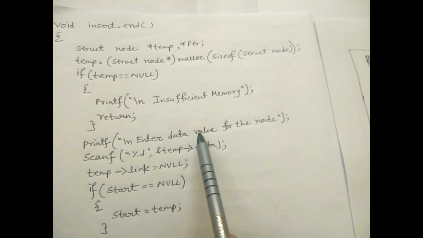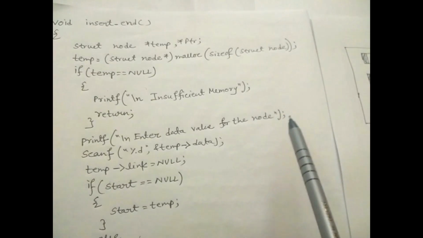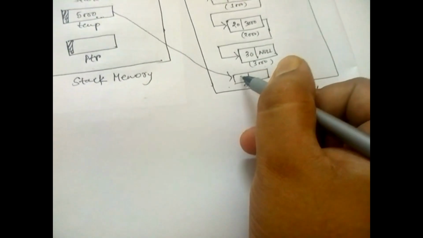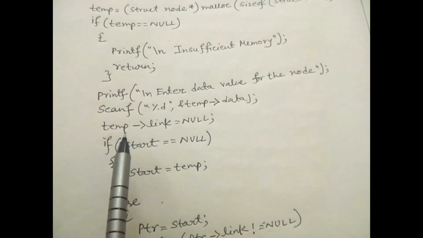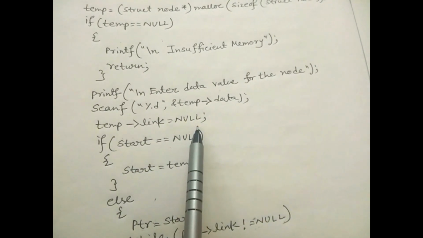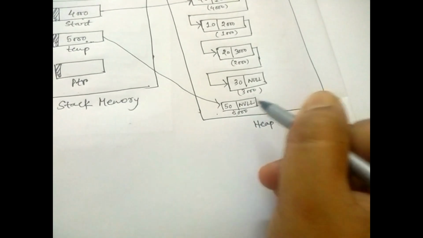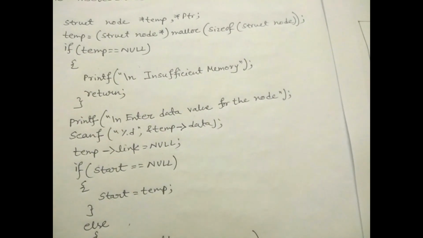Go to this statement and we are inserting the value into the data section of the temp node in this way, temp->data. Suppose data is 50. Now insert temp->link = NULL. Now it is null. But how can we insert a node at the end of the linked list?